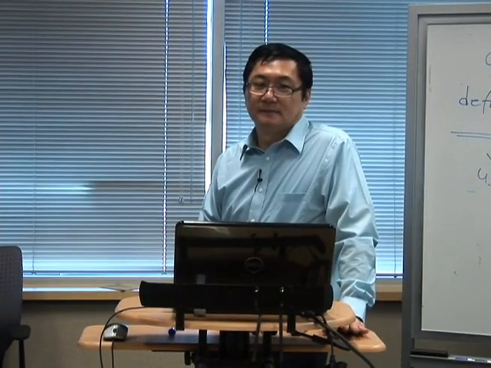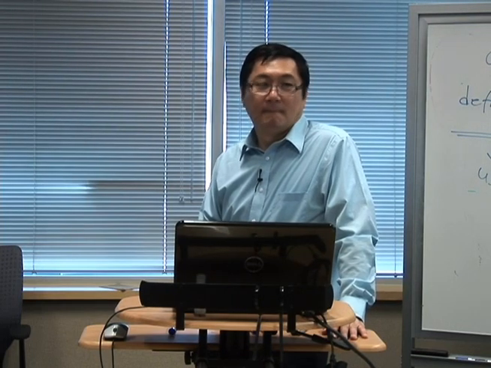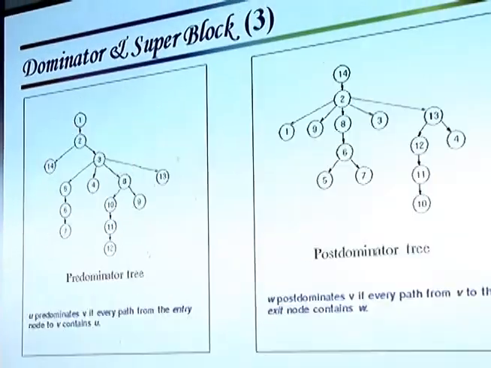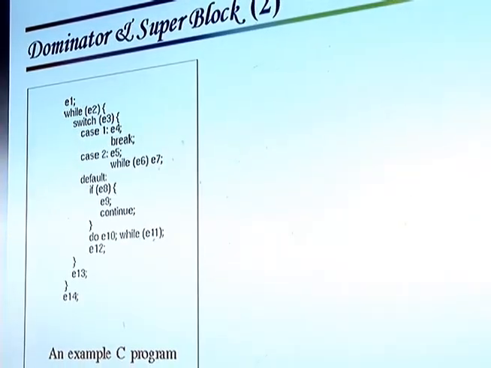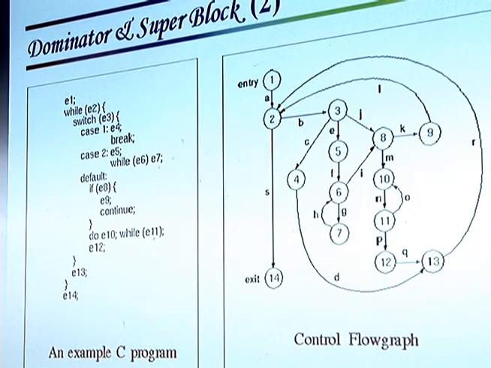Can you really though have a super block of 5 and 6? 5 and 6, let's double check. In order to put 5 and 6 in the same super block, I have to guarantee you, if I cover 5, 6 will be covered.